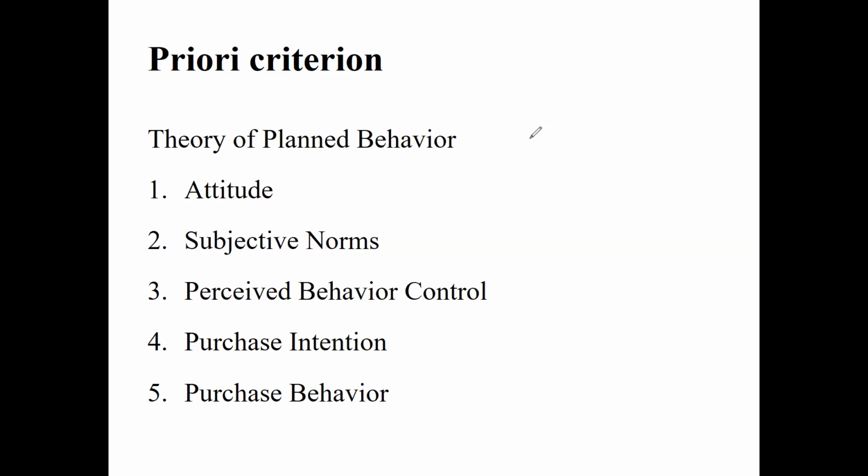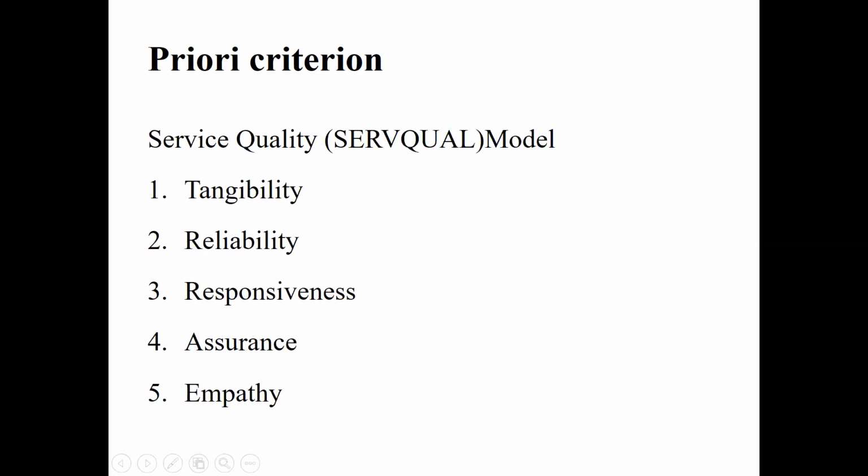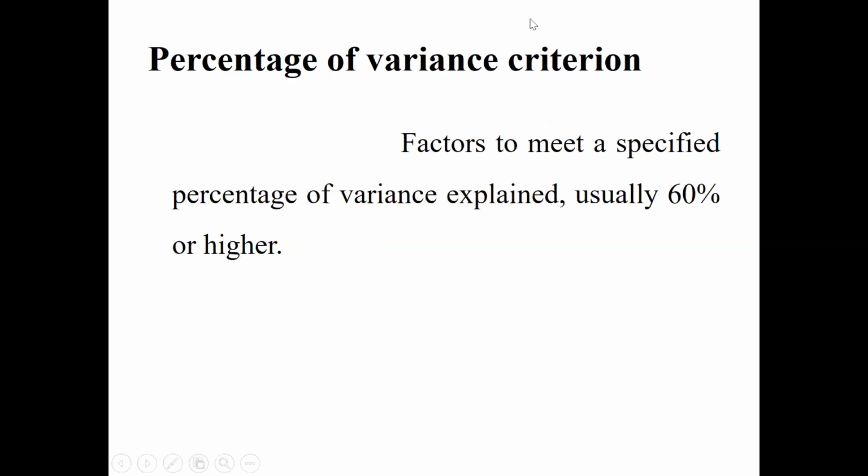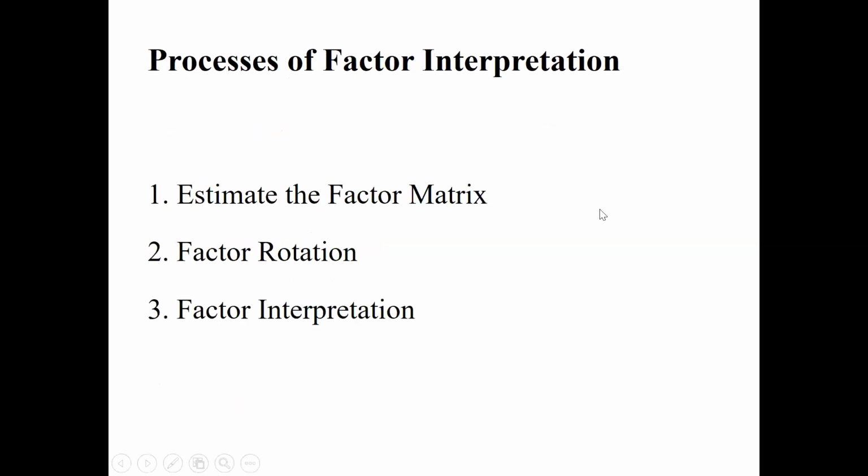So you can choose the 5 factors. Next is the percentage of variance, that is 60%. The factors should meet a specified percentage of variance explained, usually 60% or higher.